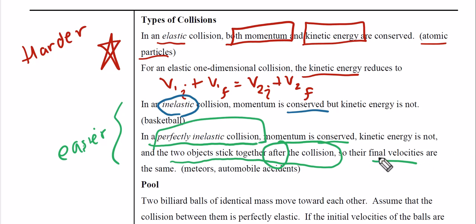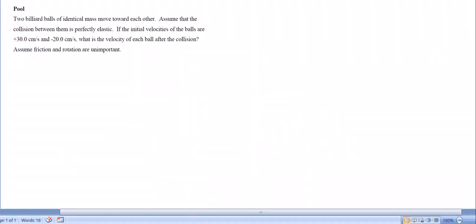So let's do a couple of examples. Okay, I'm going to need a lot more room for this one. So here we go. We have two billiard balls, so pool table, right? And lucky for us, they happen to have the identical mass. Now I'm going to show you what that means here in a bit. But they're moving towards each other. So check it. This is the before, right?